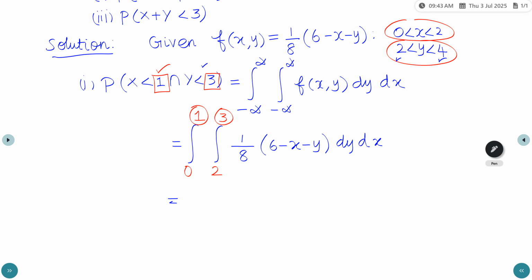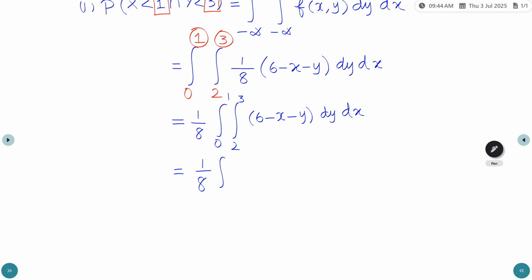So here first take the constant term outside. The constant is 1/8, so 1/8 outside. The integrals 0 to 1, 2 to 3, the remaining term (6 minus x minus y) dy dx. So 1/8, 0 to 1.